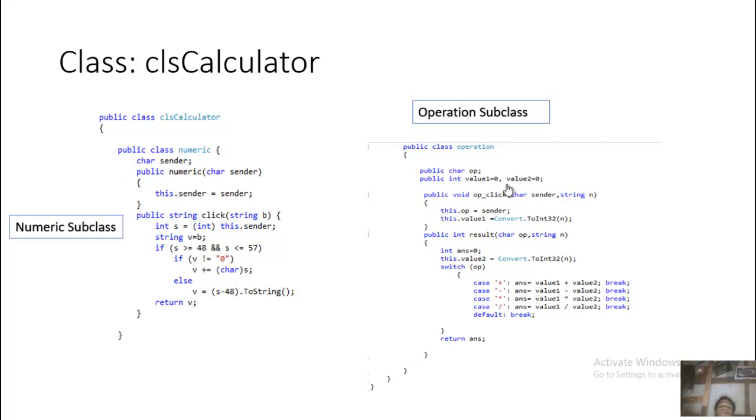And then for our operation subclass, we have three attributes: the operation character, and the integer value 1 and the integer value 2. For our methods, we have the OP click for the operation characters, and we have the result for the equality sign character.